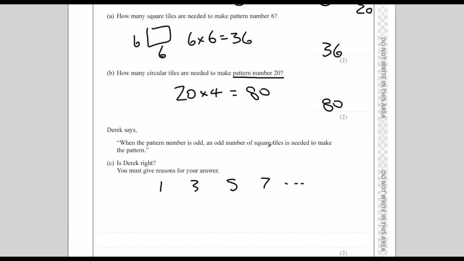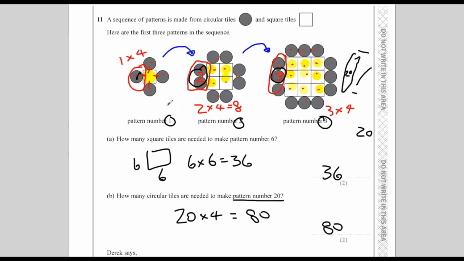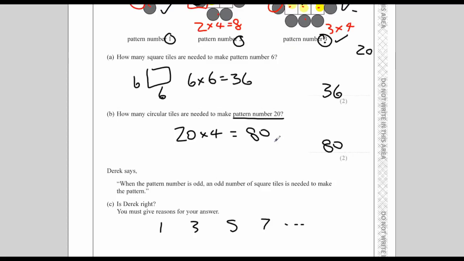Odd number of square tiles. So here our pattern number is 1, and the number of square tiles is 1. Correct. Here, pattern number is 3, and the number of square tiles is 9, which is also odd. So he's right there. How about 5?